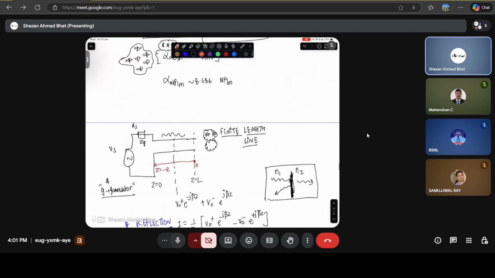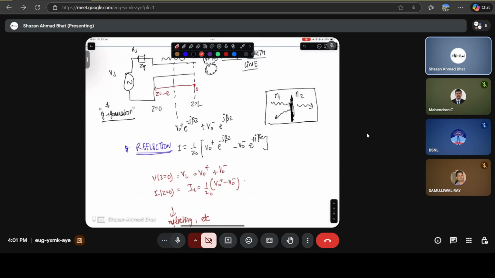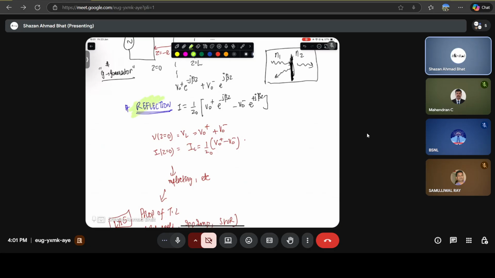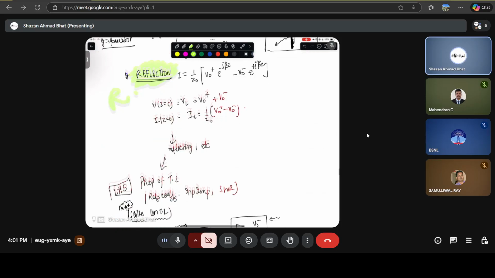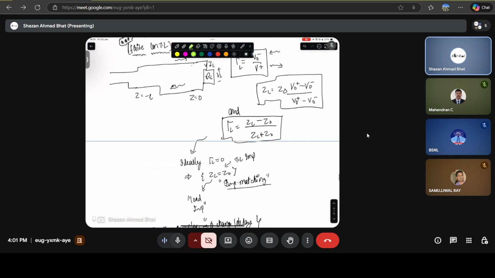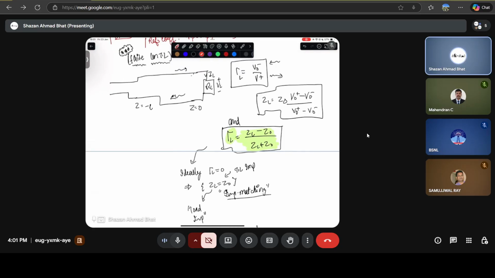And now, what else is there? This is the reflection I was talking about, the reflection coefficient. And what is the relation for it? The reflection coefficient depends upon ZL minus Z0 divided by ZL plus Z0, where ZL is the load impedance and Z0 is the characteristic impedance.